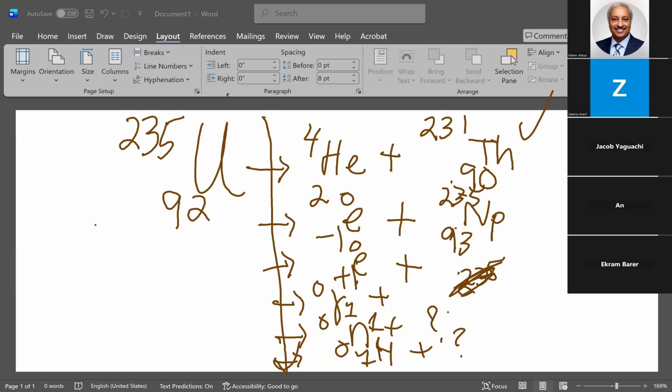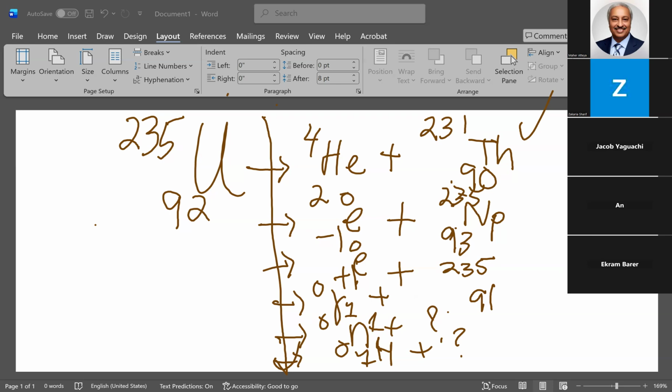So here it is. This is 235 in the top, and the bottom is 91. What element is that? Somebody tell me, what is element 91?